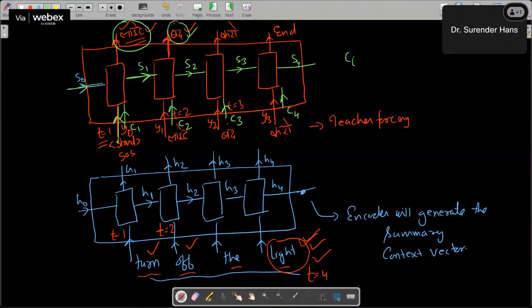It decides which time steps of the encoder information the current output depends on.